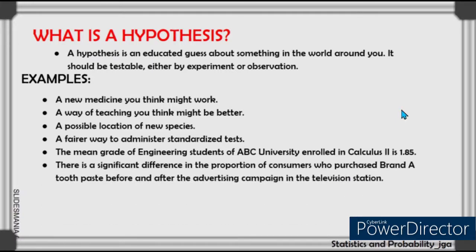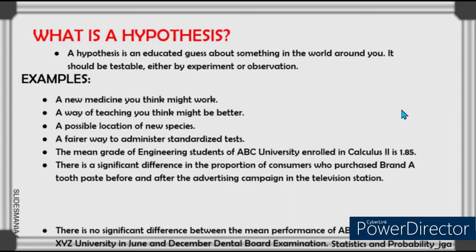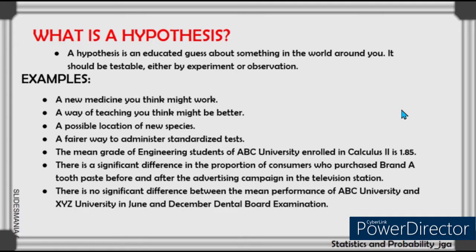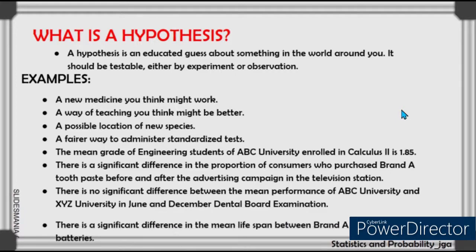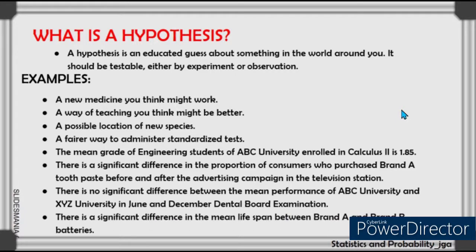There is a significant difference in the proportion of consumers who purchase brand A toothpaste before and after the advertising campaign in the television station. And then, there is no significant difference between the mean performance of ABC University and XYZ University in June and December dental board examination. And the last one, there is a significant difference in the mean lifespan between brand A and brand B batteries.